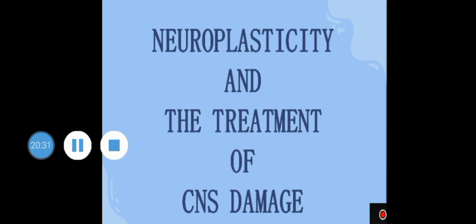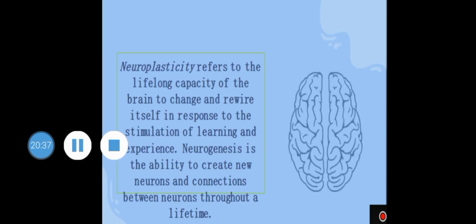Next, we have neuroplasticity and the treatment of CNS damage. Neuroplasticity refers to the lifelong capacity of the brain to change and rewire itself in response to the stimulation of learning and experience. Neurogenesis is the ability to create new neurons and connections between neurons throughout a lifetime.